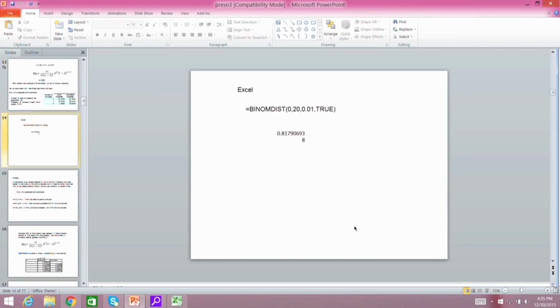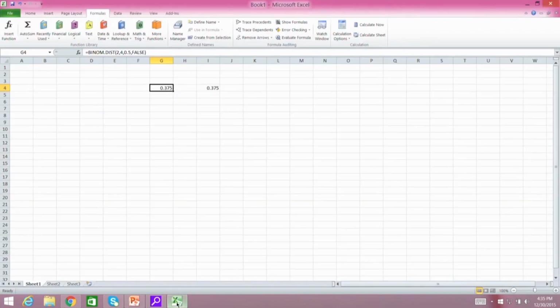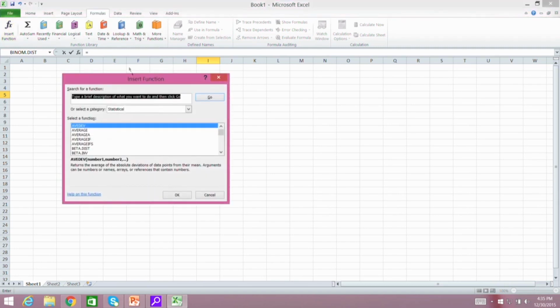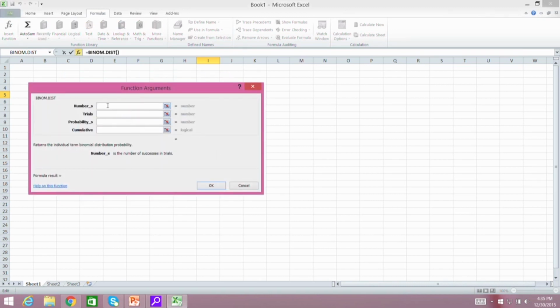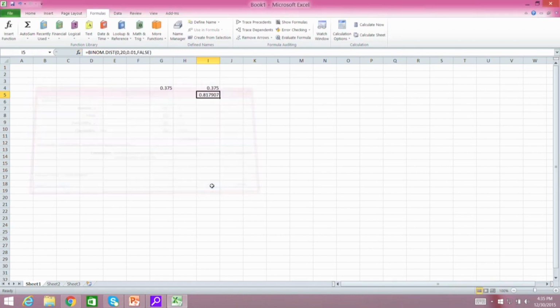Okay. Even with Excel we can do the same thing. So, we go to Excel, we type the binomial distribution function. We have number of successes, we are talking about 0, trials is 20, probability is 0.01, then we can say false or true, it does not matter, false, then okay.